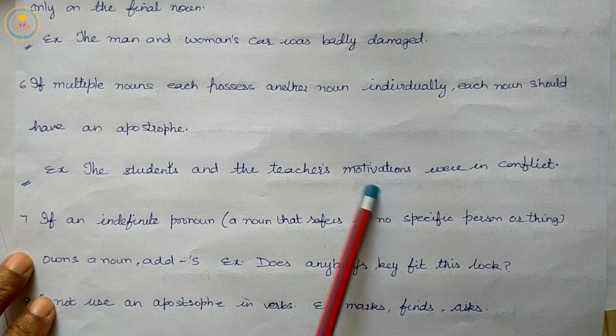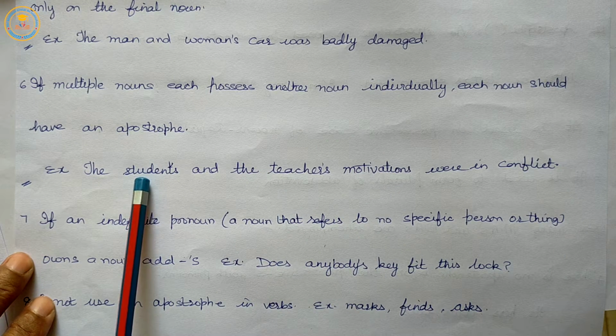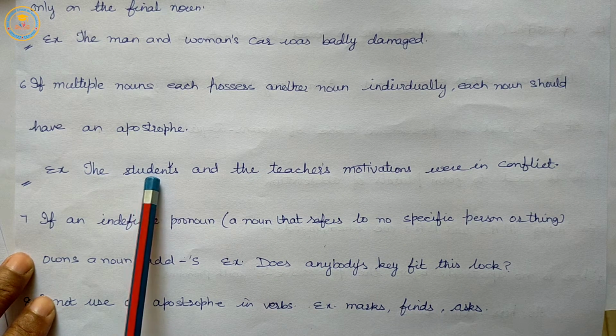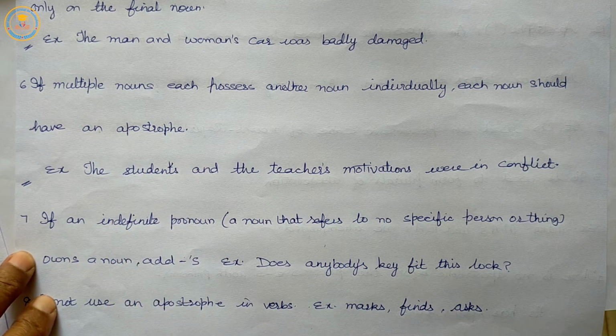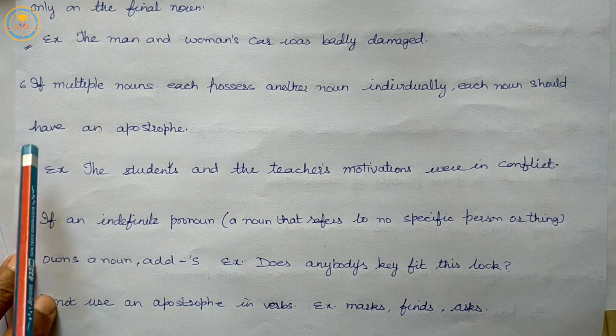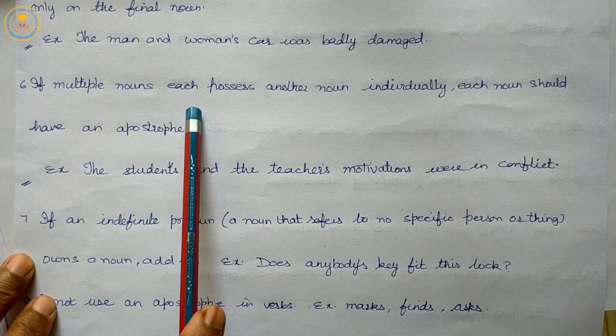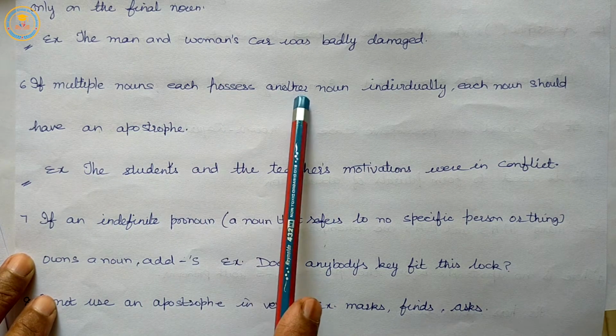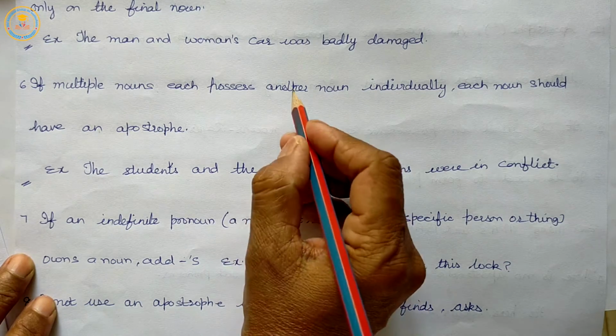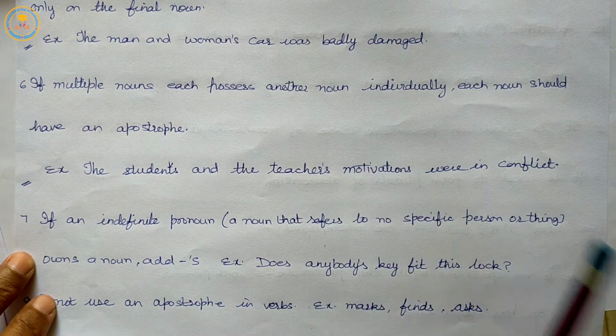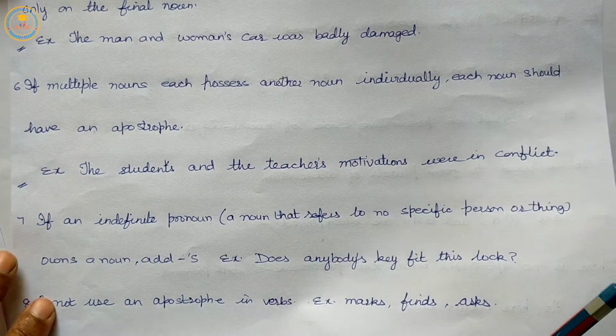Two motivations and two persons. So if multiple nouns each possess another noun individually, then each noun should have an apostrophe.